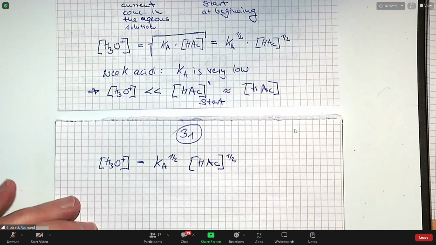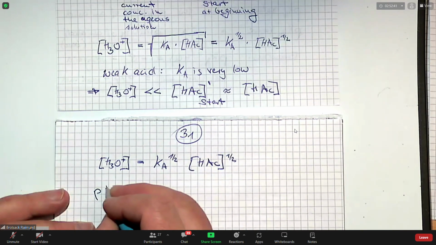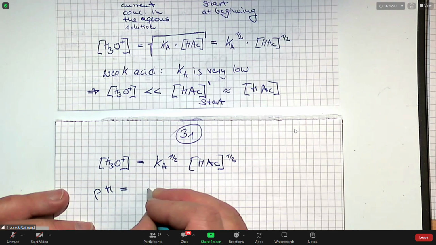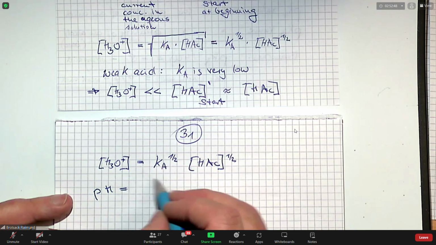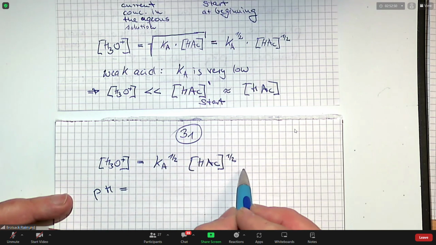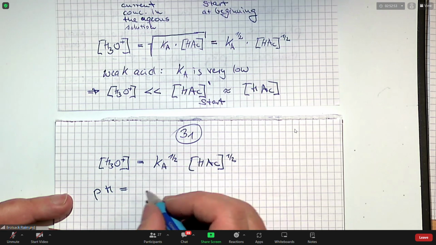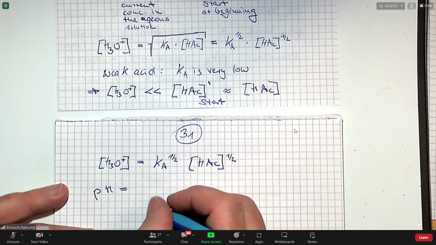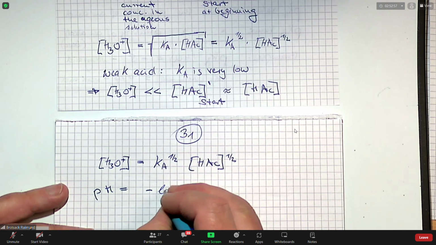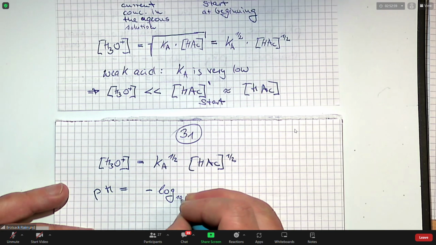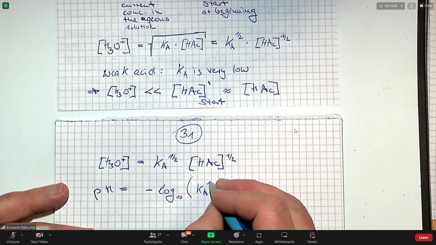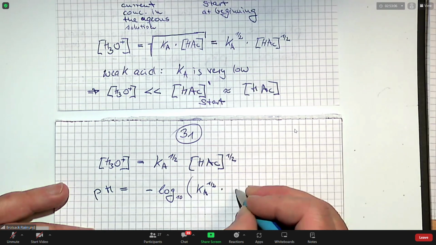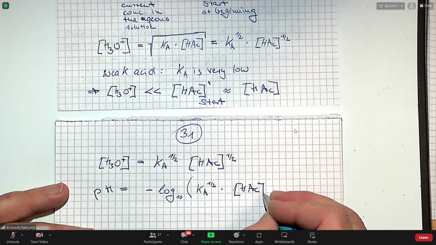What does it mean for the pH? pH is the negative log, to the base of 10, of this equation: Ka to the power of a half times the concentration of HS to the power of a half.